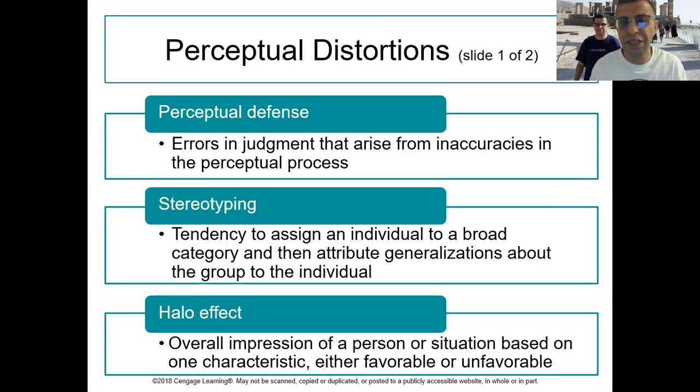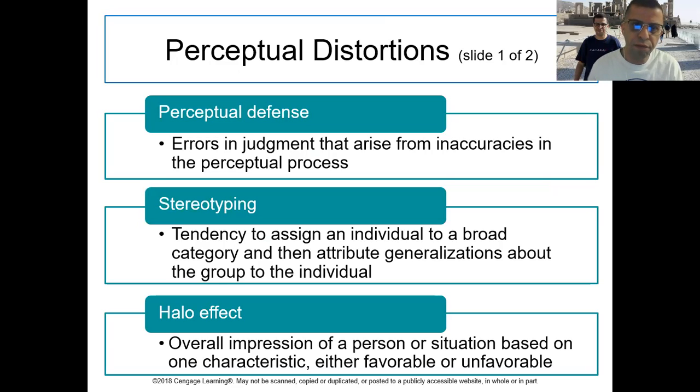Now, perceptual distortions, perceptual defense. Errors in judgment that arise from inaccuracies in the perceptual process. So there are inaccuracies in perception.